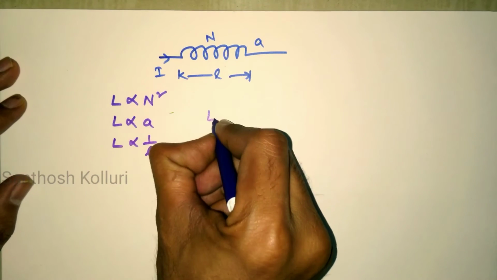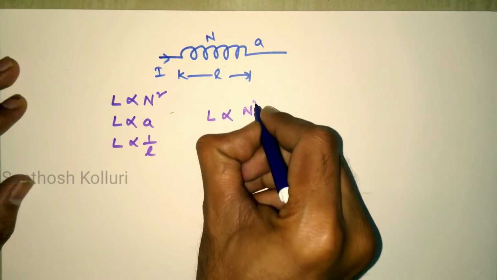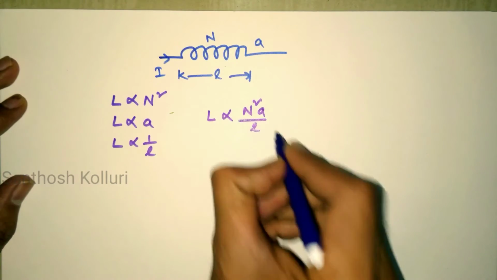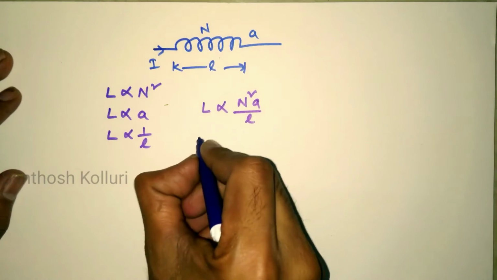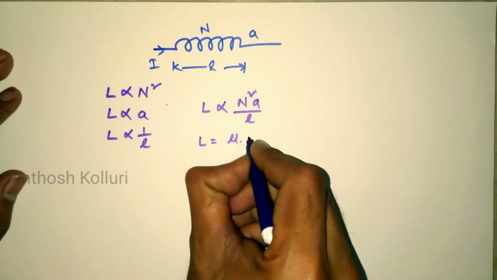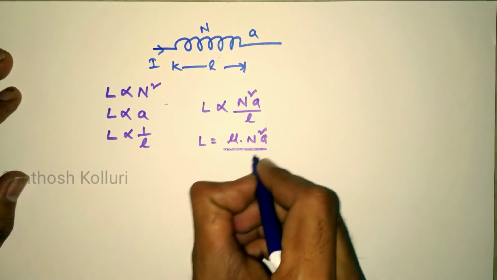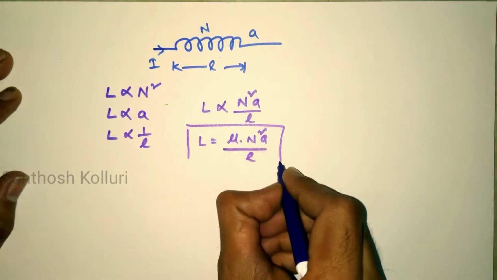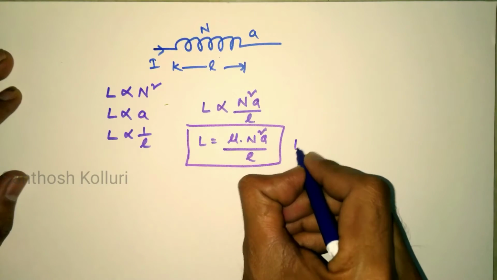So L is equal to mu into n square A by L henries. This is the physical formula for inductor.